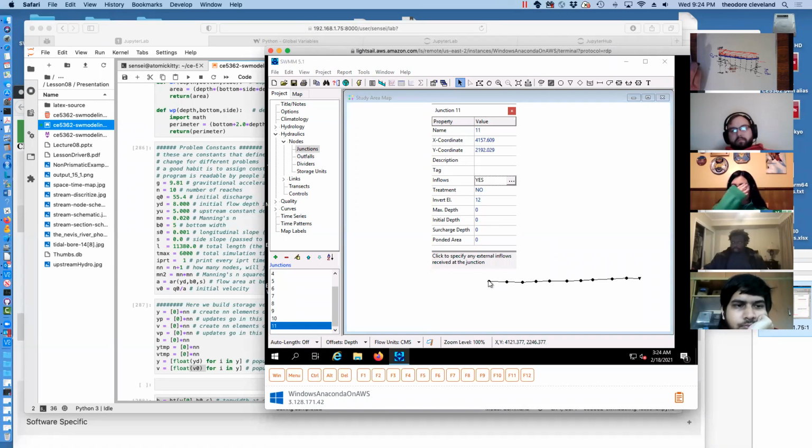Actually, we can do initial depths too. I'll show you something cool. You can use the group edit feature.